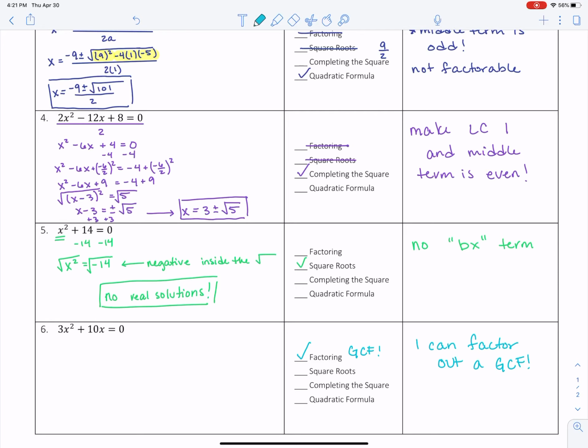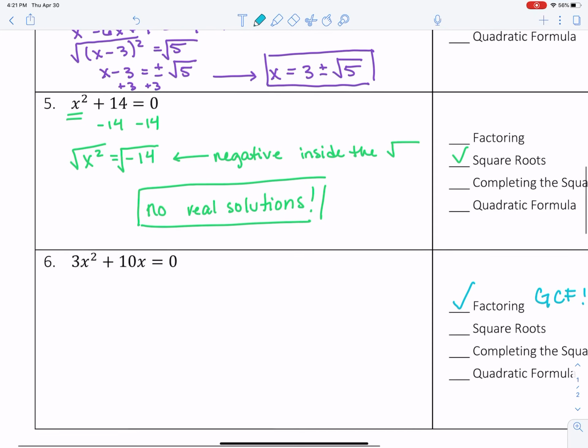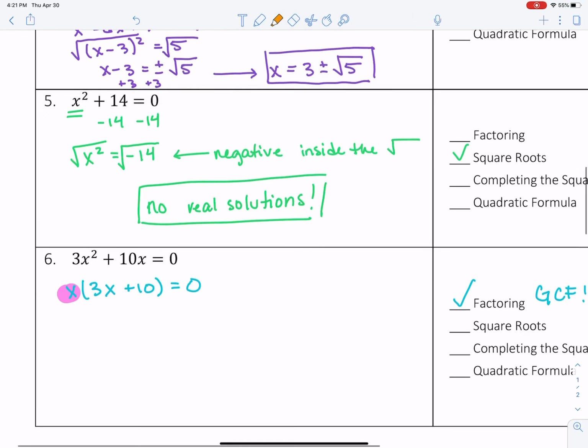If you guys can see it, we have 3x squared plus 10x equals 0, and my GCF is x. So then I have x times 3x plus 10 equals 0. From there, my exponent disappeared, and we'll choose orange for 3x plus 10 equals 0.